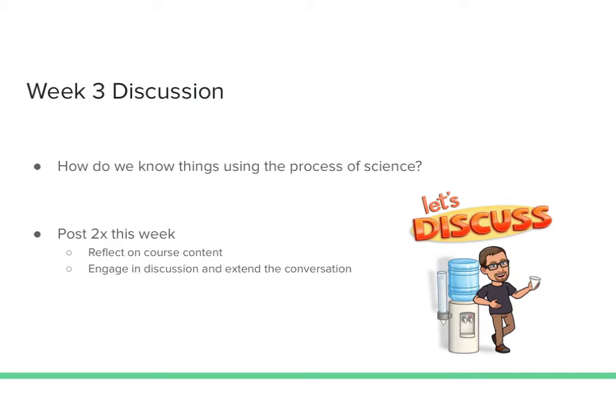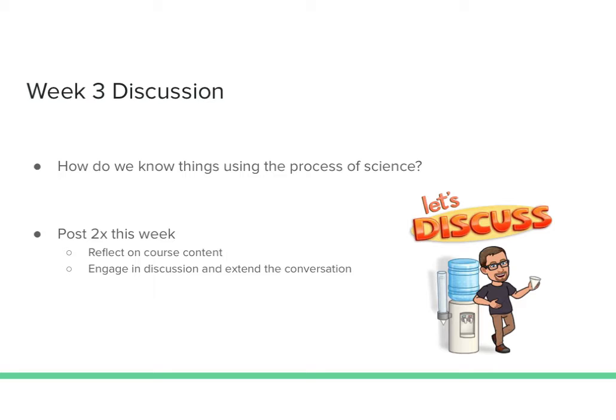Our week 3 discussion will bring us around the water cooler, virtually of course, and will help us to understand how we know things using the process of science. What are the steps? What can lead to the best possible information and answers to questions in science? During this week's discussion, post 2 times.